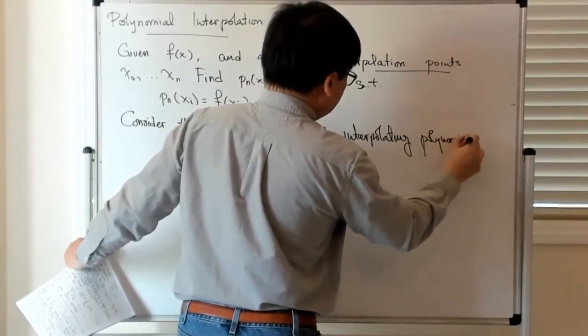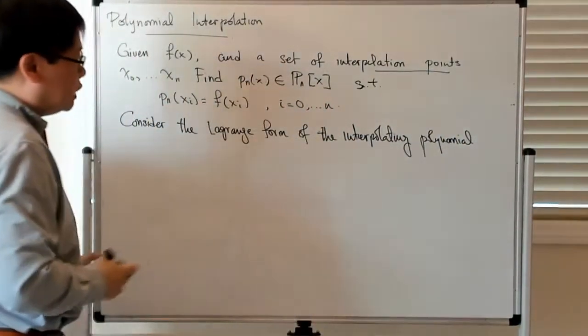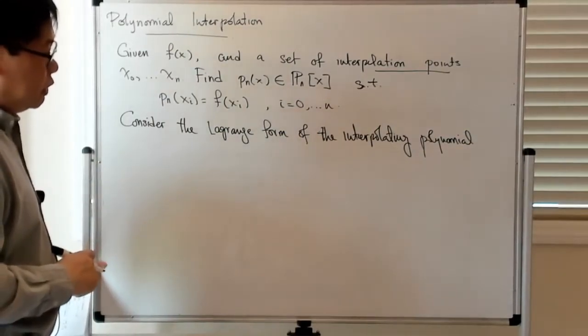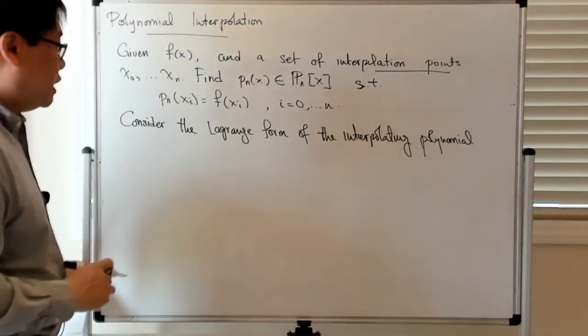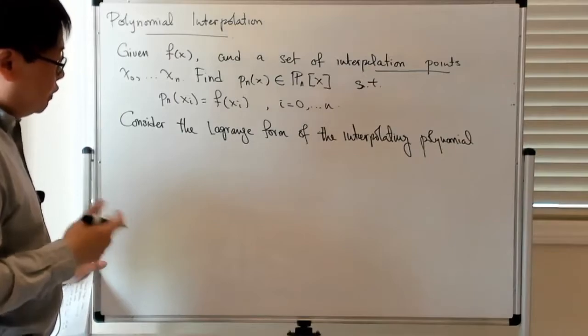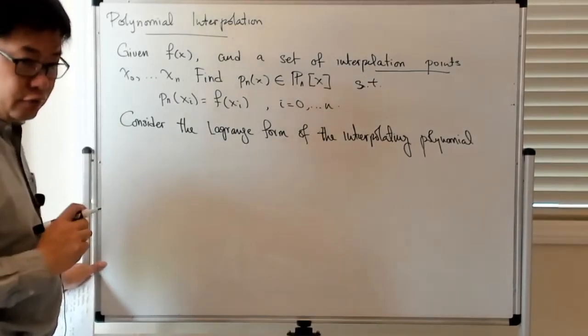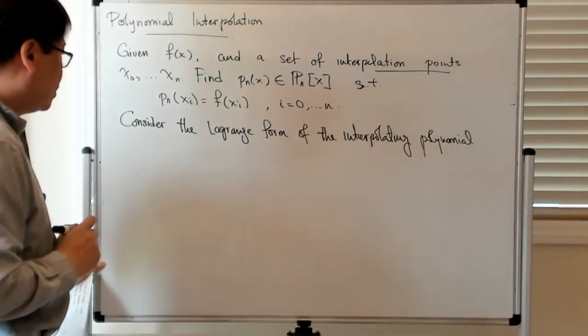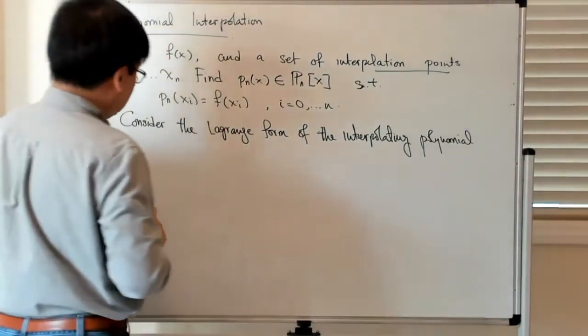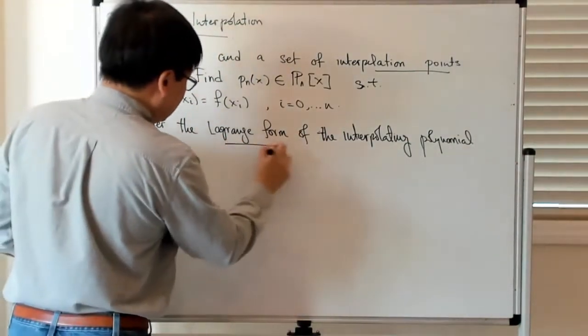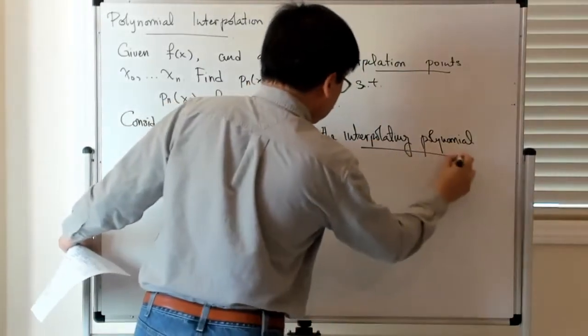There are many different possible representations, which, if you've taken 170B already, you would see. If not, I'm just going to write down the simplest one, which is relatively easy to understand. So this is the Lagrange form of the interpolating polynomial.